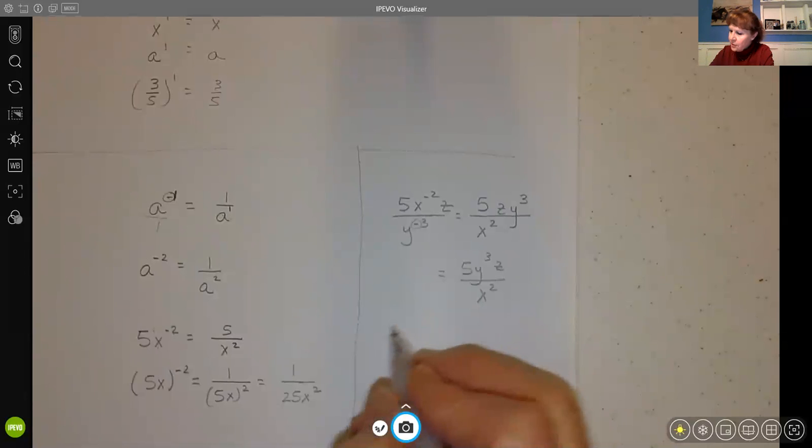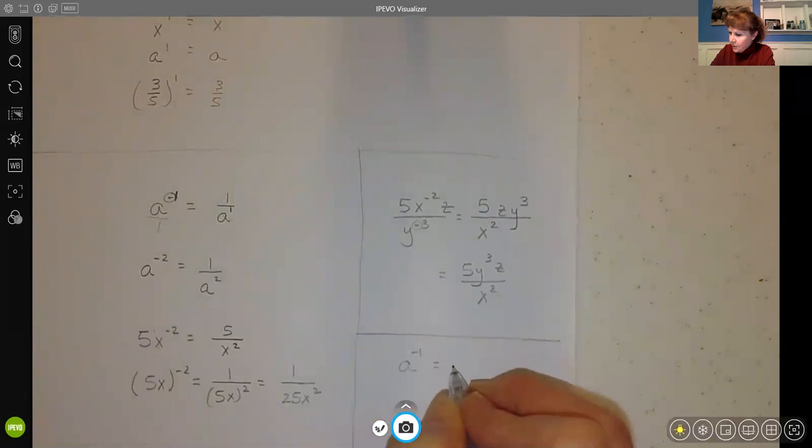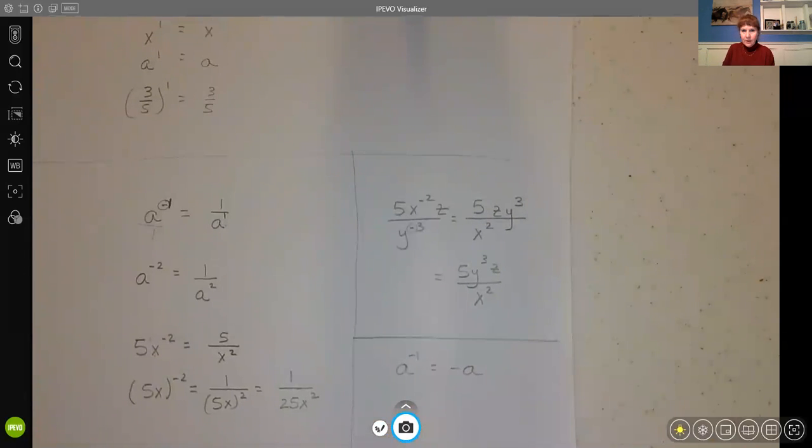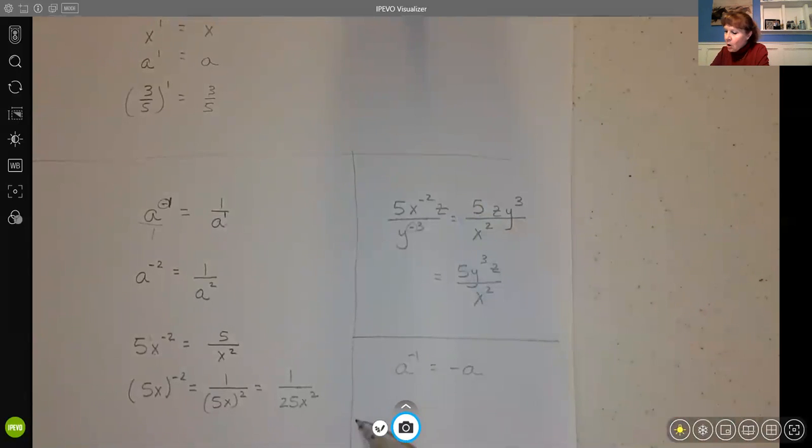So here students want to make this like that. All right. So the negative does not change the sign. The negative exponent changes its position. What does change the sign is the number here. That's the only thing that has, I guess, the power to change the sign.